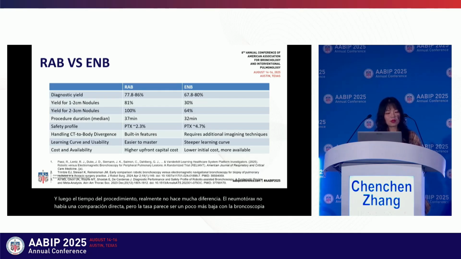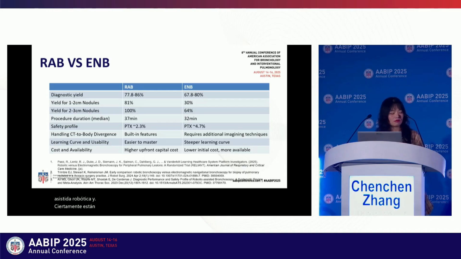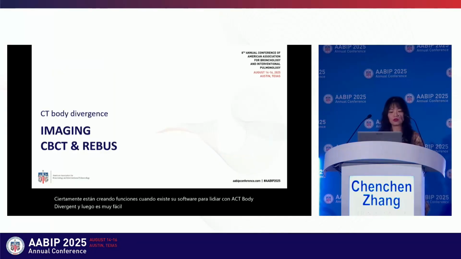There are also built-in software features to deal with CT-to-body divergence, and it's very easy to use. However, it does cost a little bit more. So basically, great tool. You get a lot more diagnostics from the robotic bronchoscopy, but it does cost a little more money.